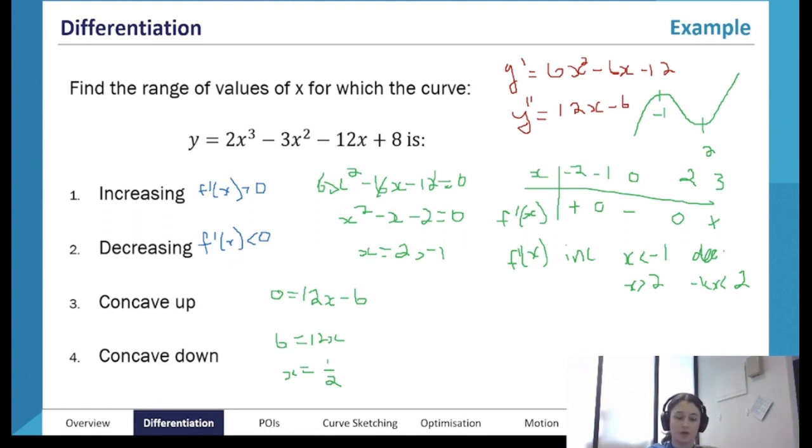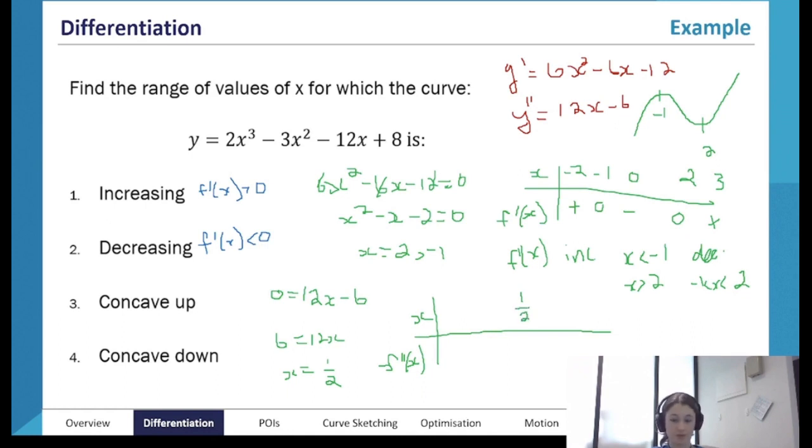So now we need to determine what the value of the second derivative is on either side of this point, x is equal to a half. So we're going to use a similar table of values. So we are going to have x being equal to a half.